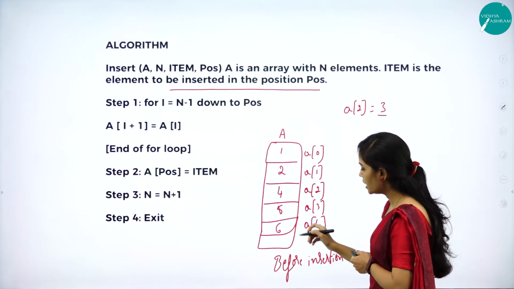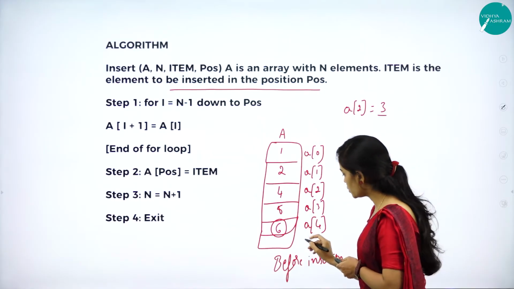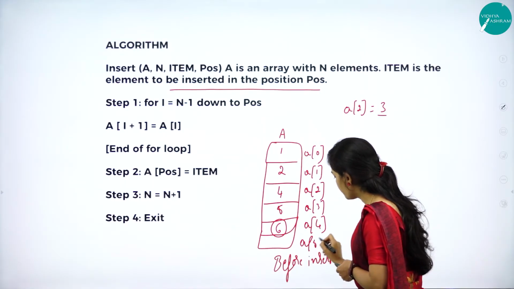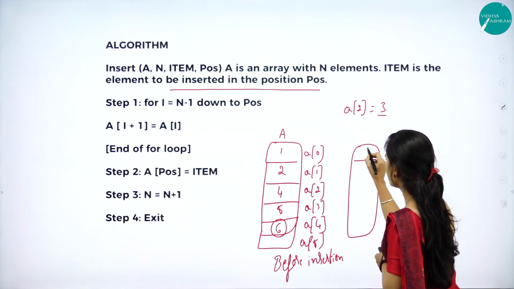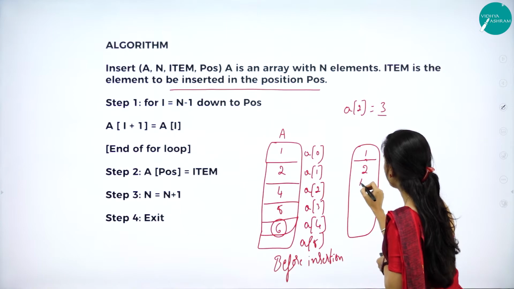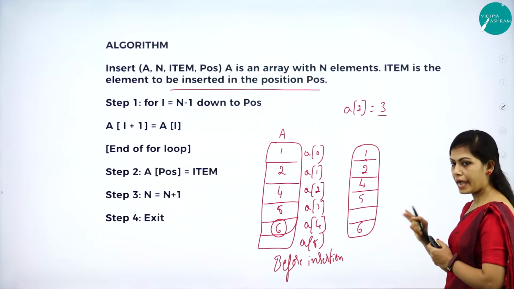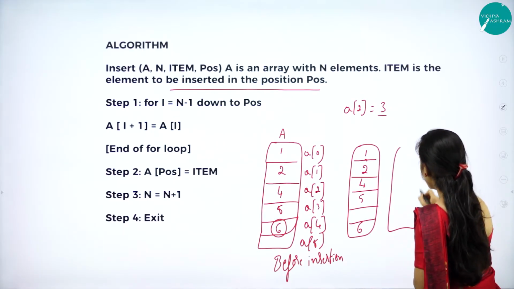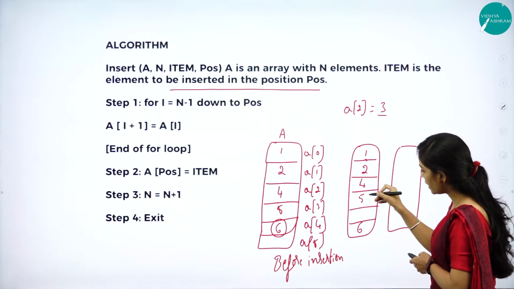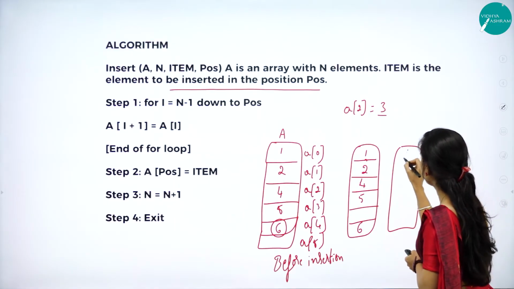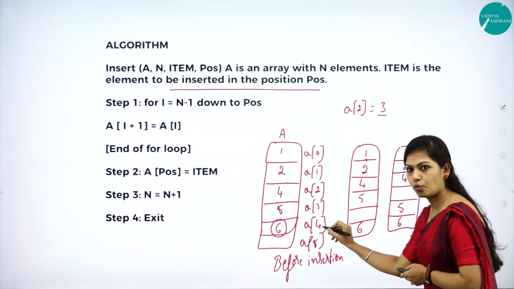So, what we should do is the element 6 has to move back to the position A of 5. After that, the next step is that 5 has to move back to the position A of 4.